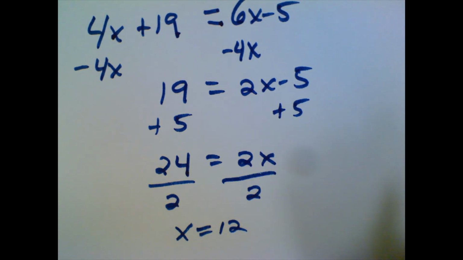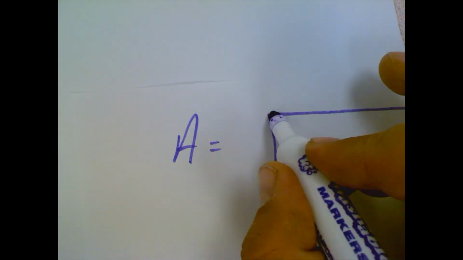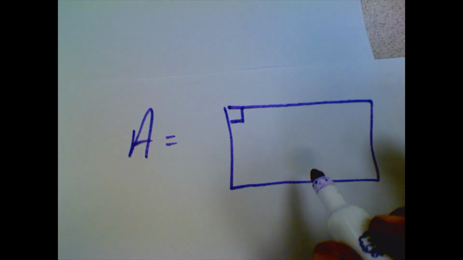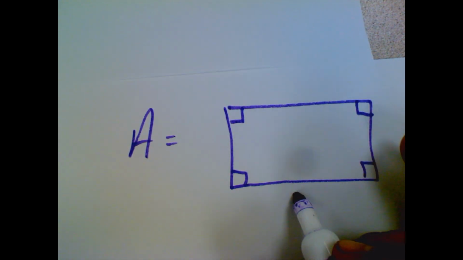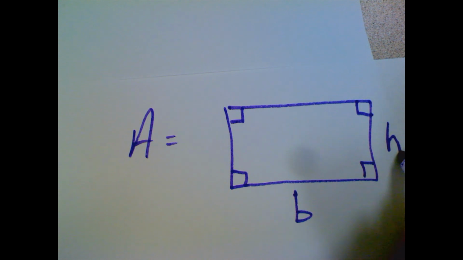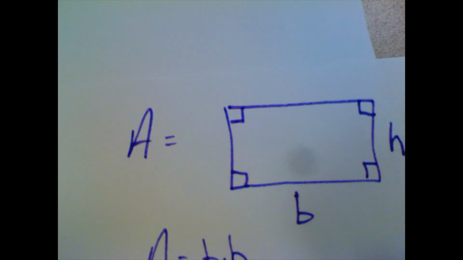A couple other formulas that you're probably used to. Maybe it's been a while. The area of a rectangle. If we call this the base and this the height, area equals b times h, base times height.